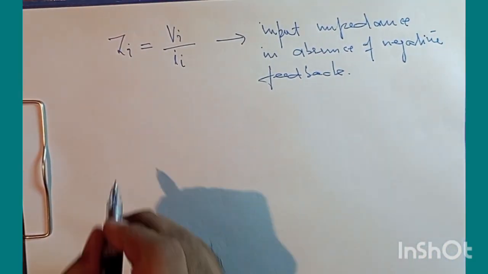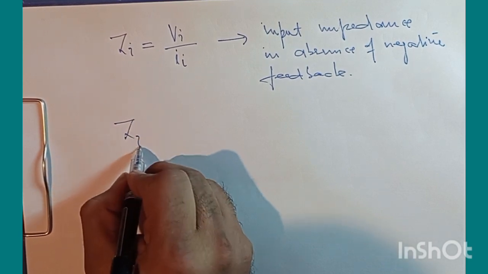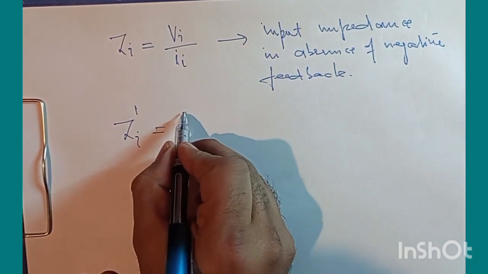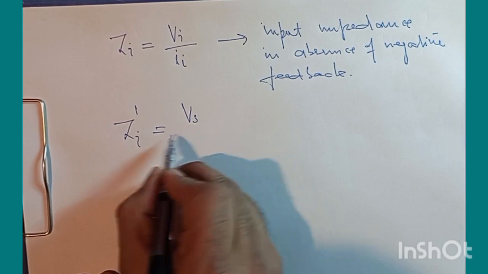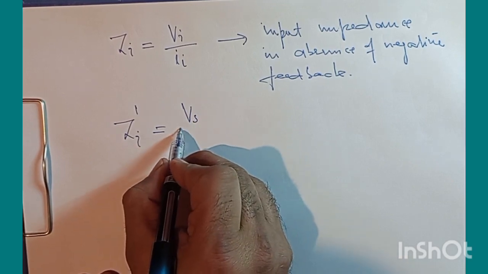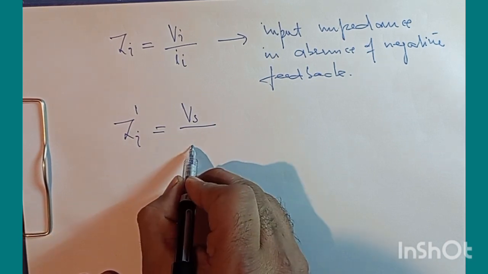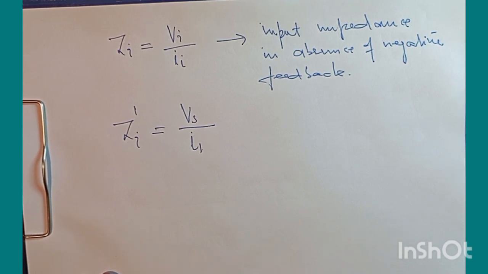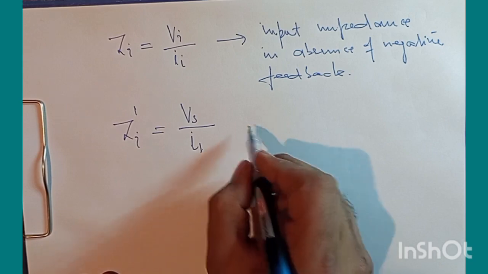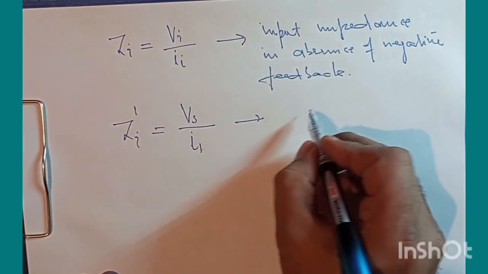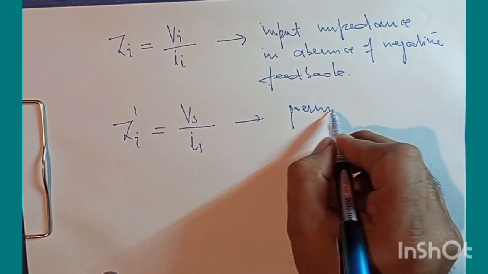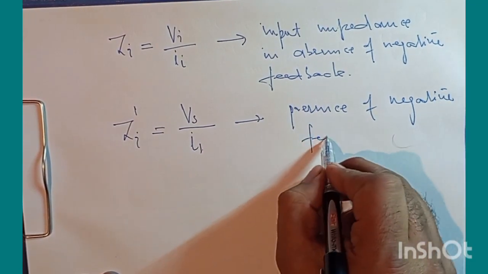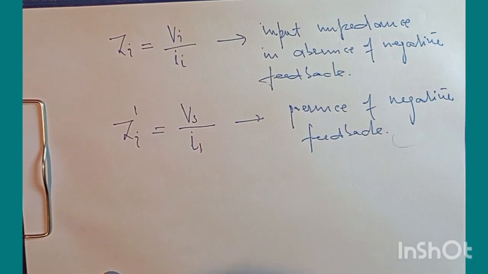And then I would like to define the input impedance Zi dash, and this Zi dash will be the ratio between the signal voltage Vs and I. So this Zi dash will refer to the same thing, but in presence of negative feedback.